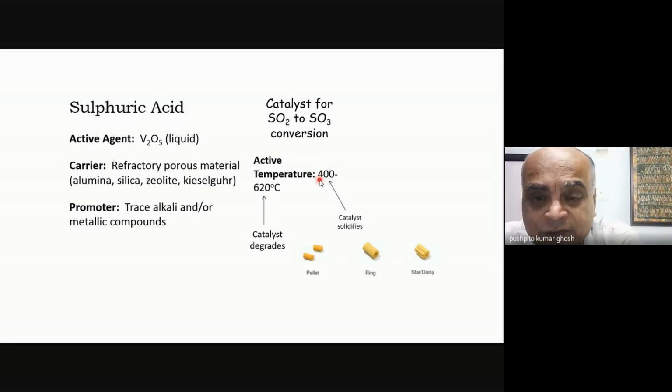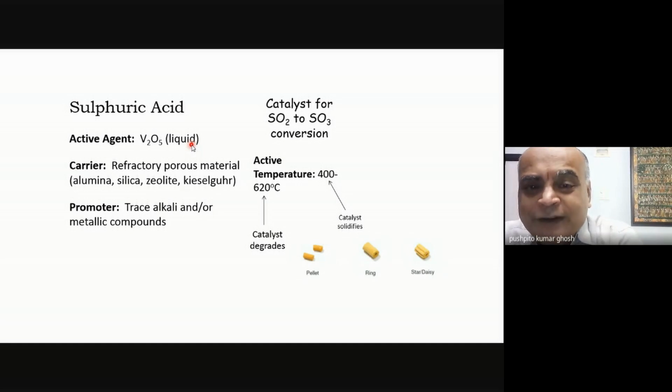Now look at this. The melting temperature of V2O5 is around 400 degrees centigrade or thereabouts. Okay, so the vanadium pentoxide under those conditions is a liquid.